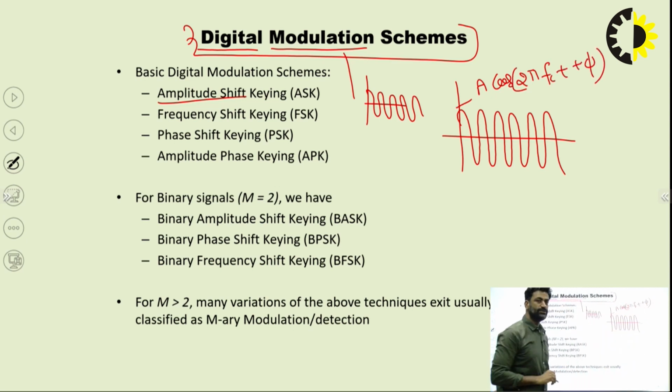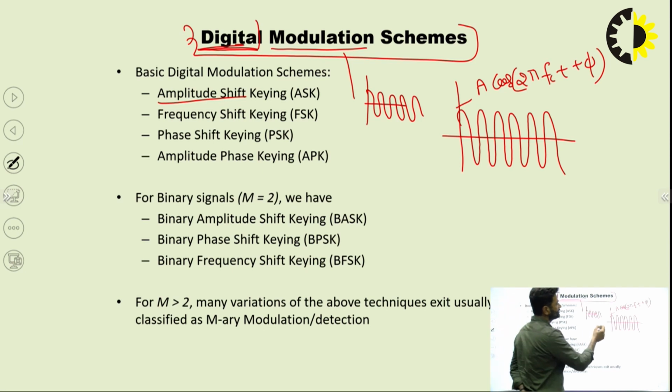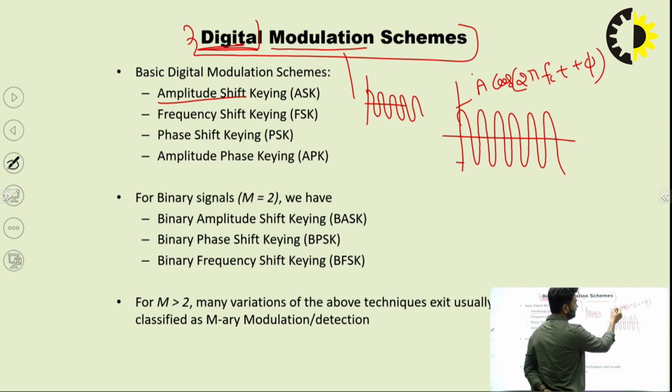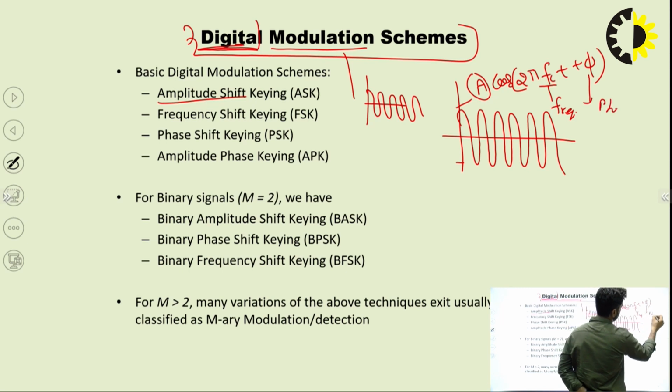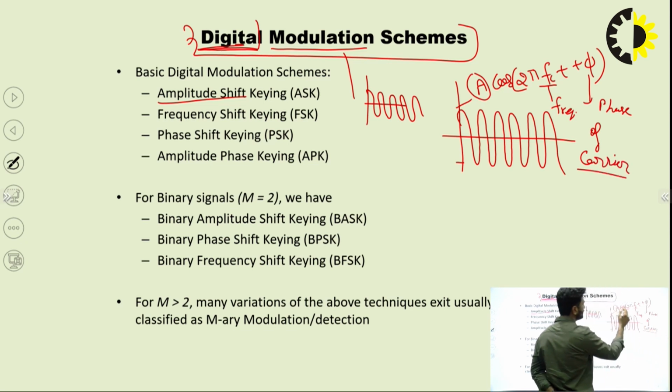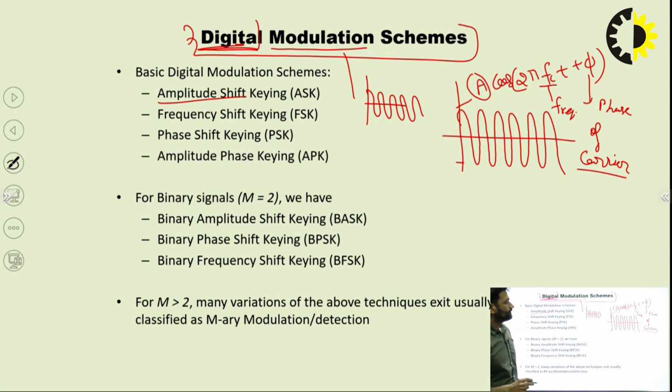The properties of the carrier can be varied with respect to this digital modulating signal. The properties are the amplitude A, the frequency, and the phase of the carrier. Amplitude, frequency and phase can be varied with respect to this digital signal.